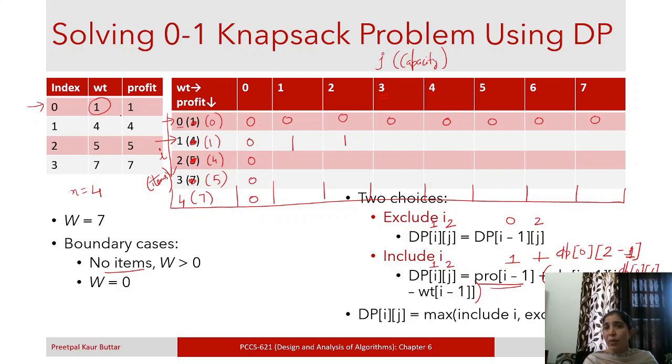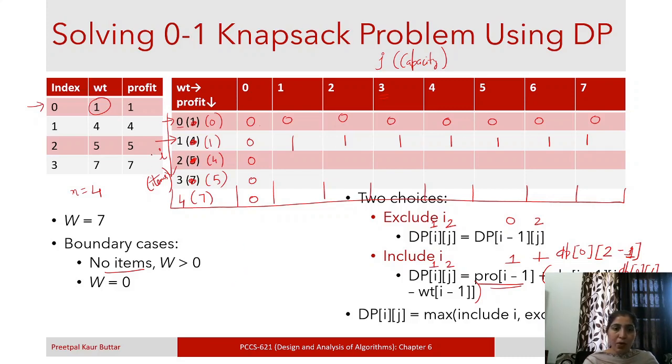So it does not matter what is the capacity of your knapsack. The profit you can earn by picking only one item is equal to the profit of that item. So it is 1 everywhere. If you try to do it yourself, then you will find that the answer will be 1 only. Logically it means that you have only one item, and you will pick that item and the profit earned by picking that item is 1. So everywhere it will be 1.